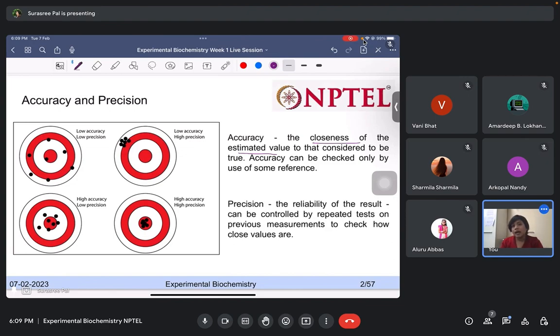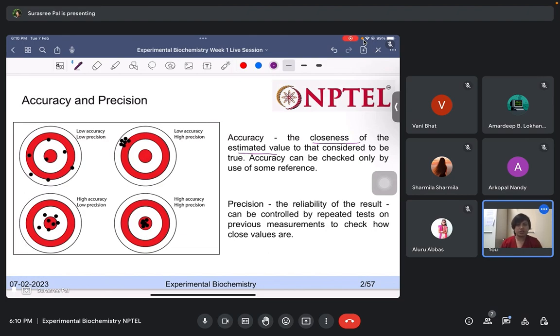If we then measure the volume of the liquid and find it to be 9.98 ml or approximately 10.01 ml, we can say that our measurement is accurate because it is close to our reference value, or to the value which we assume to be true. So that is called accuracy.